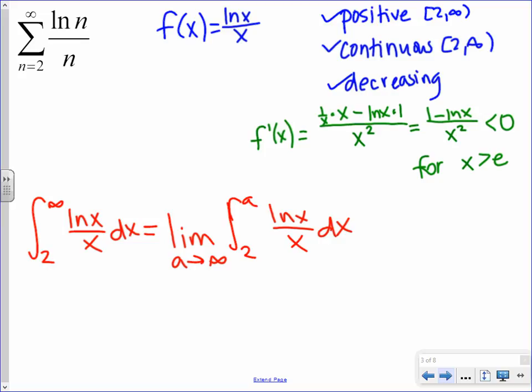Okay, here's where we have to remember some of our calculus from last year. How do we do the integral of natural log of x over x?